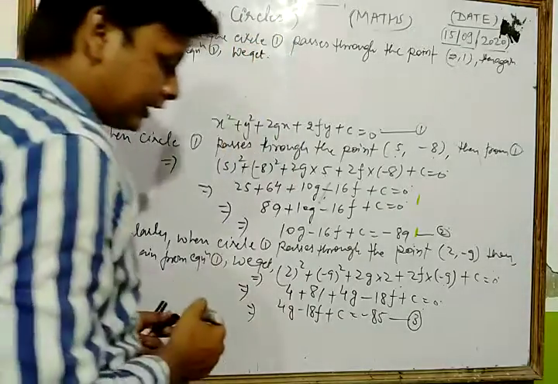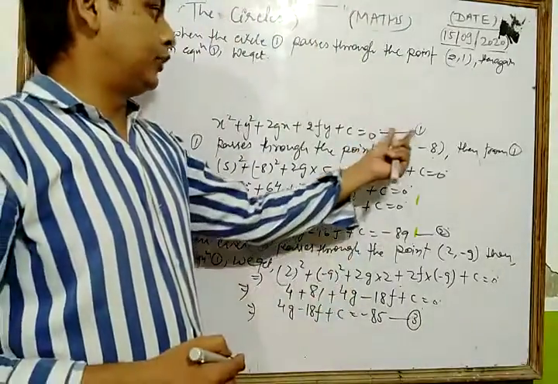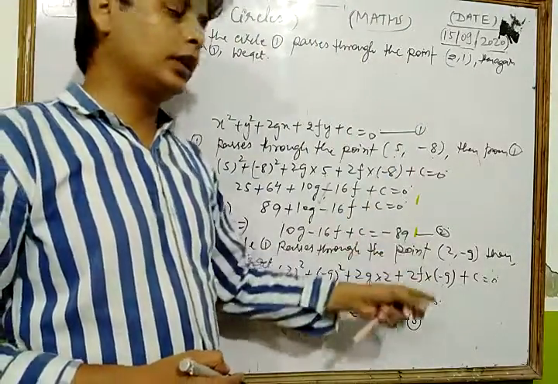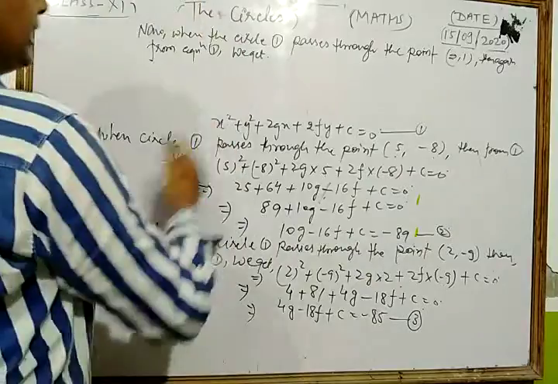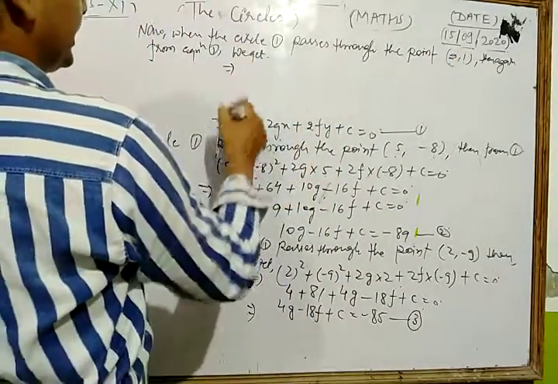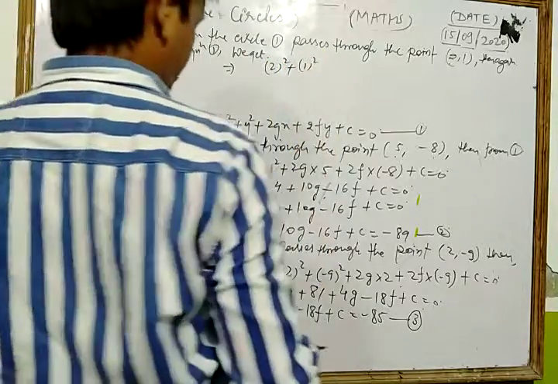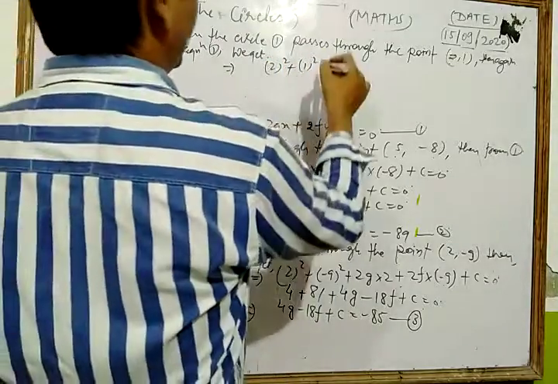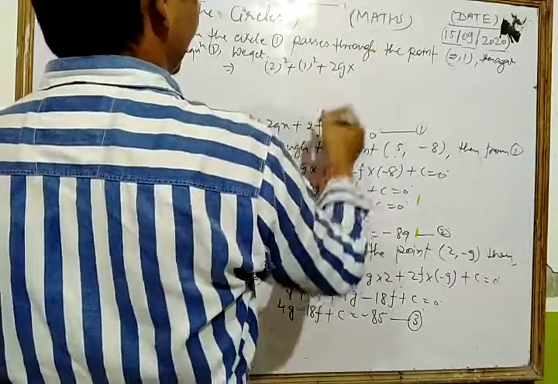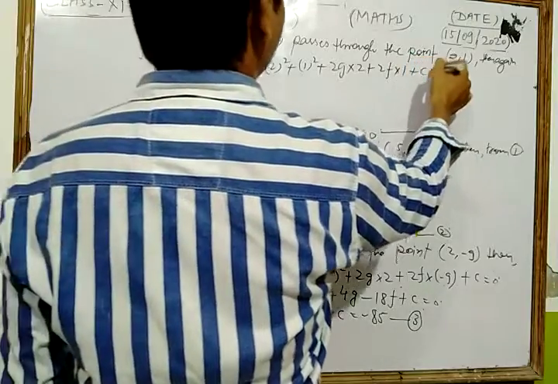Okay, dear students, when equation 1 passes through the point (2, 1), then what do we get? When we put x equal to 2 and y equal to 1 in that equation, we get 2 square plus 1 square plus 2g(2) plus 2f(1) plus c is equal to 0.